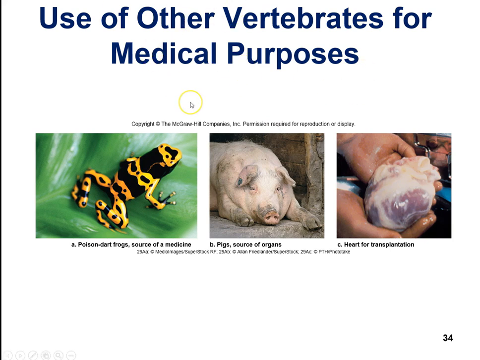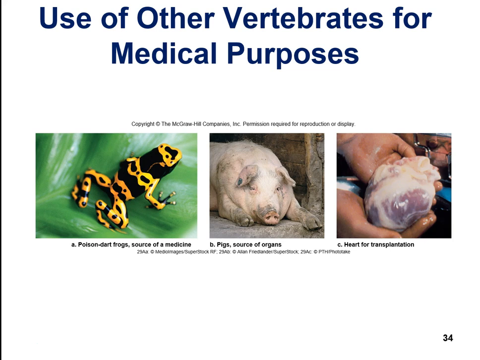You know what, this is a little insert that's in your textbook. There's always a little story in your textbook that relates to the chapter. This one was about vertebrates and human medicine and how they're used, right? It's showing you a poison dart frog. There are species of frogs and other vertebrates from which you can extract something they make and use it as a medicine, right?